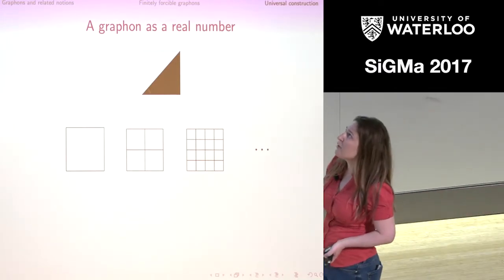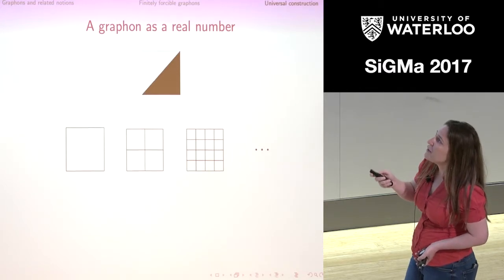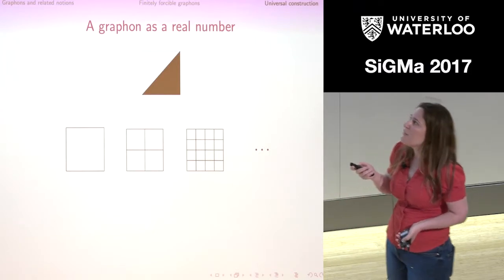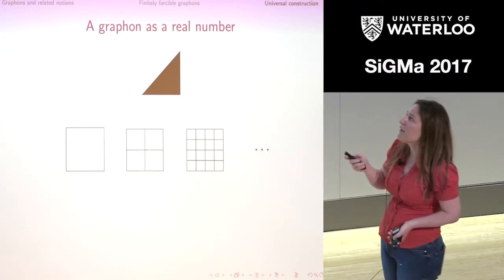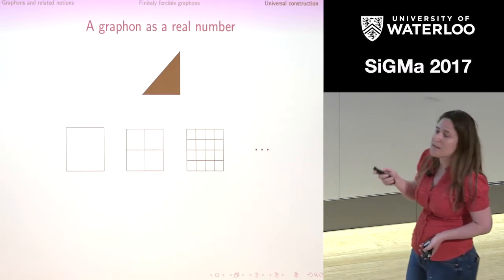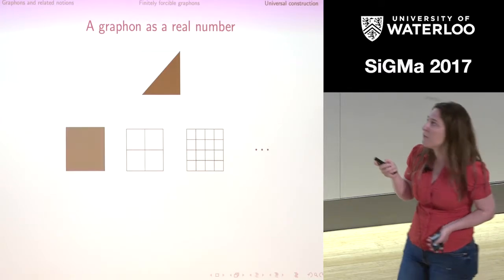If you are looking at a graphome, you can look at the unit interval and refine it into a number of parts. If I refine the unit interval into two parts, I have four squares, and so on. I am interested in the edge density in these squares in my graphome.